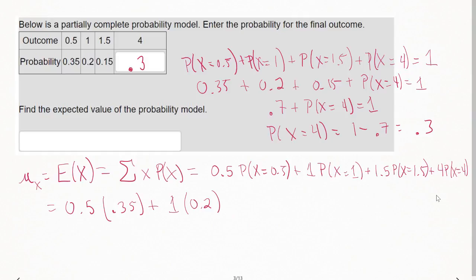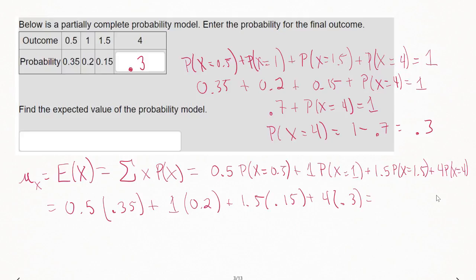And then plus 1.5 times the probability that x equals 1.5, which is 0.15. And then plus 4 times the probability that x equals 4 is 0.3. So now you can just plug and chug and see what this becomes. You're basically just doing a calculator bit now.